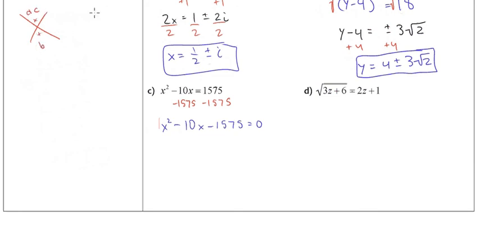So we're looking for some numbers that multiply to give us negative 1,575 and add to give us negative 10. If you want to think of it as x squared and x, that's often how it will be written. If you've ever seen this little diamond puzzle before, again, multiplying for the top, adding for the bottom.